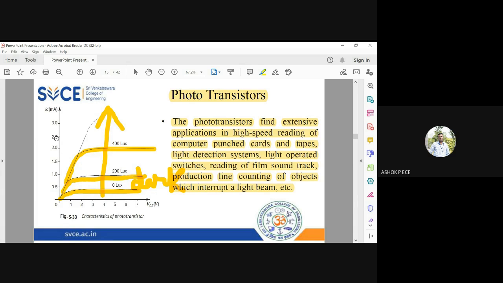The major difference is that in a photodiode, the reverse bias current is only in microamperes, right? That is why we said I need a device for amplifying this current into milliamperes. But in a phototransistor, this amplification is done by the transistor itself. And you see the collector current is in the order of milliamperes. This milliamperes current is sufficient for me to drive any electronic application, whereas microamperes current is not sufficient.